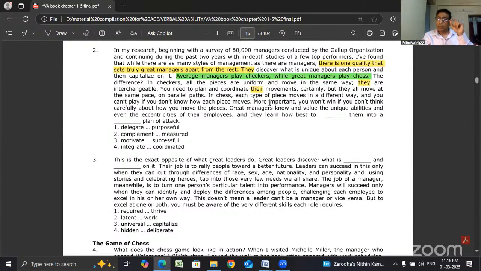How do you make that college fest successful? By realizing that different members of the team have their unique capabilities and by assigning them roles according to their capabilities, just like a chess player. Got this point?